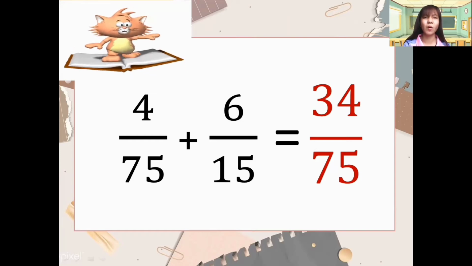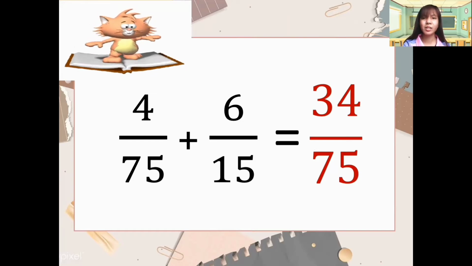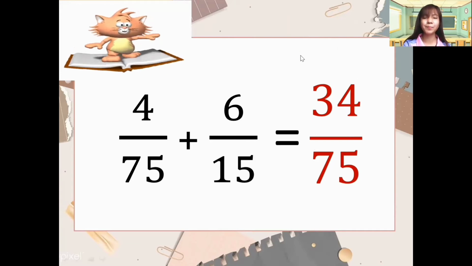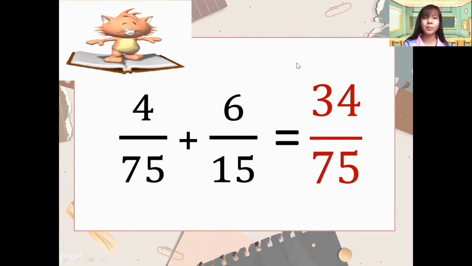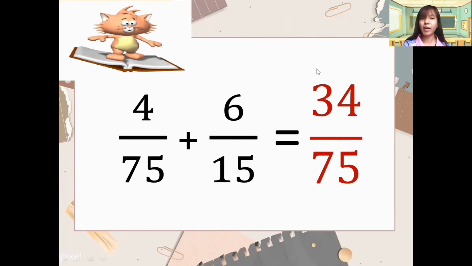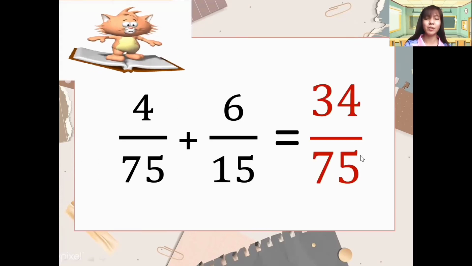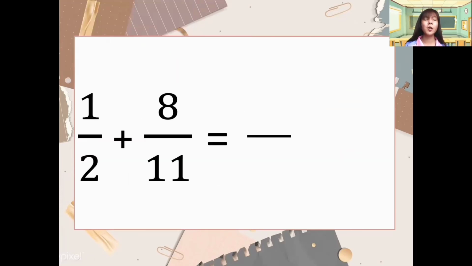So there is no other number that divides both 34 and 75. So we can no longer simplify our answer. So this is now the final answer. Okay, 34 over 75. Next, we have 1 over 2 plus 8 over 11.